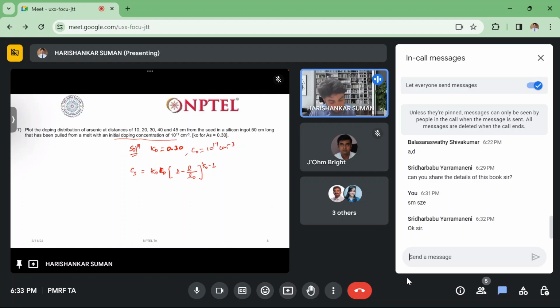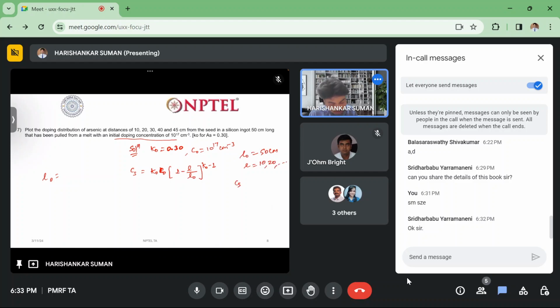So we have to find the total doping distribution of arsenic at resistance. We have already been given L naught equal to 50 centimeter and L is also given as 10, 20.